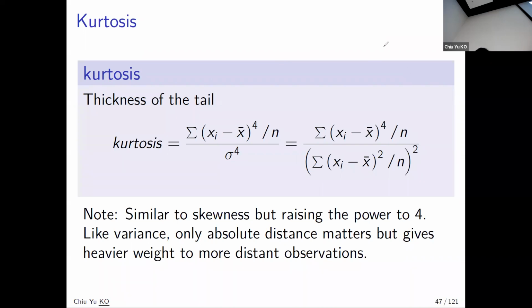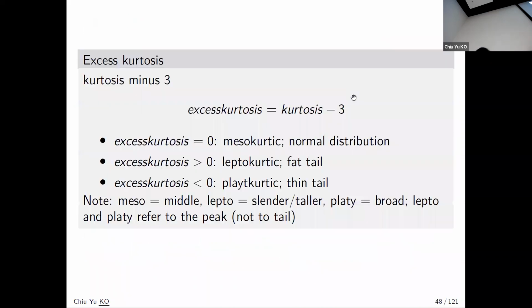That means we define what we call excess kurtosis. That is, calculate kurtosis minus 3. If you have more than 3, or excess kurtosis more than 0, we call it fat tail. If less than 0, we call it thin tail.